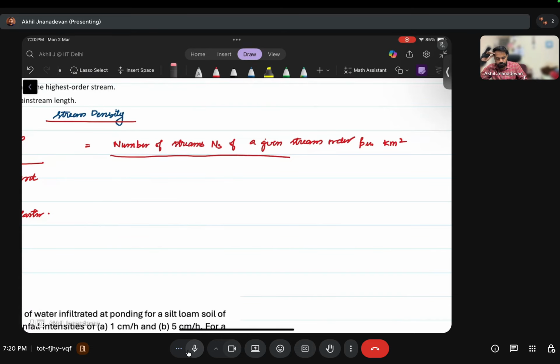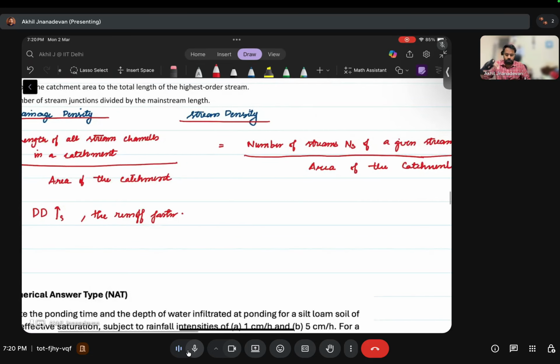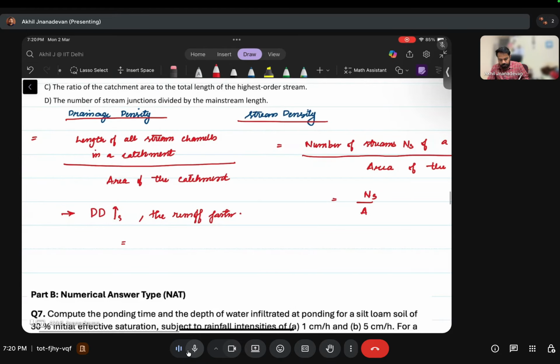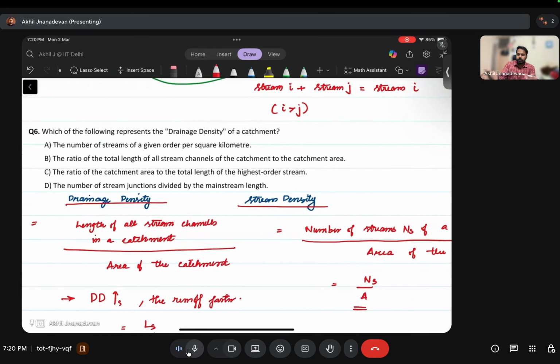Or you can write, if you want to write it as a fraction, divided by the area of the catchment. Right. So here it is not the length, but the number of streams of the given order by the area of the catchment. That is nothing but stream density. So it is number of streams Ns by area. Here it will be length of stream Ls by area. So you don't get confused with this. Drainage density is the length by area. Stream density is nothing but the number of streams by area.